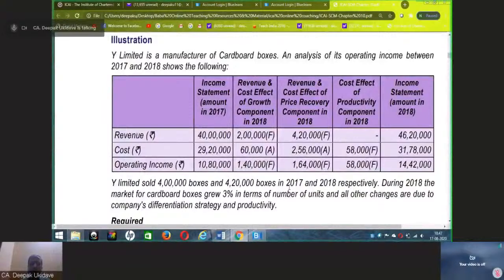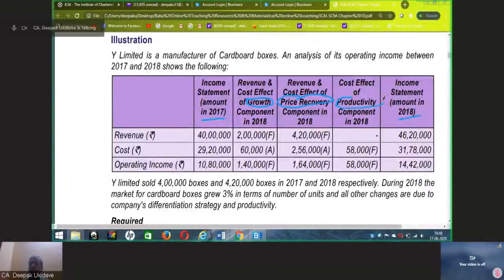These are profit figures, income figures, revenue and cost figures for 2 years. So for example, you can read the 46,20,000. Now what is responsible? It is 2 lakh rupees favorable on account of revenue and growth components. I am highlighting these words, growth component, and you are given price recovery components, and you are given productivity component.